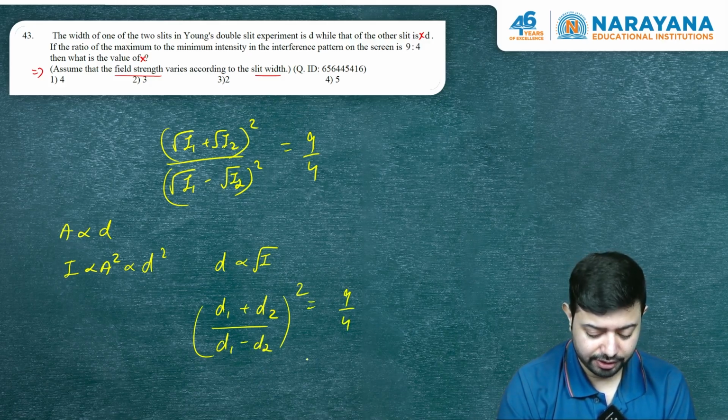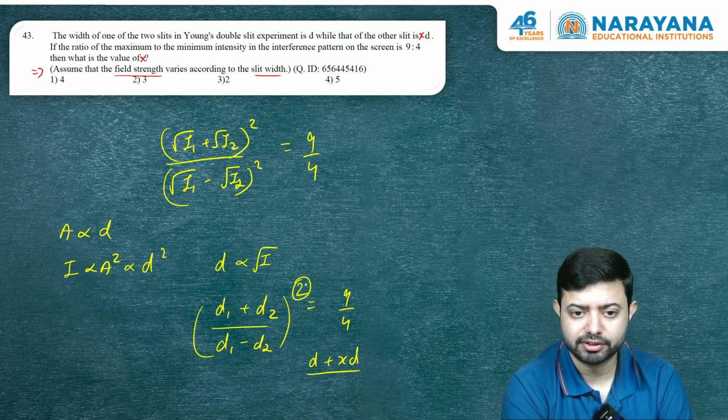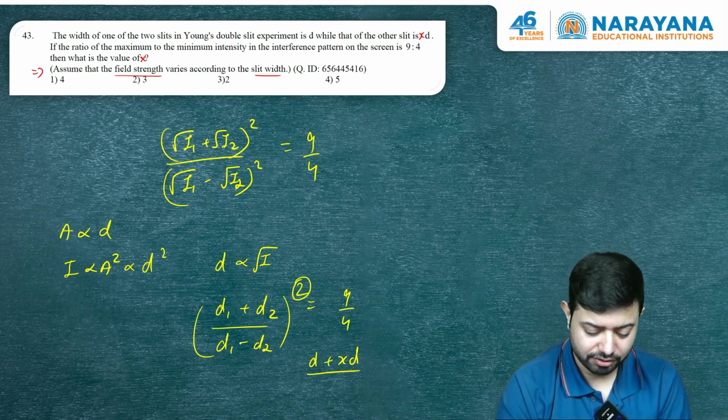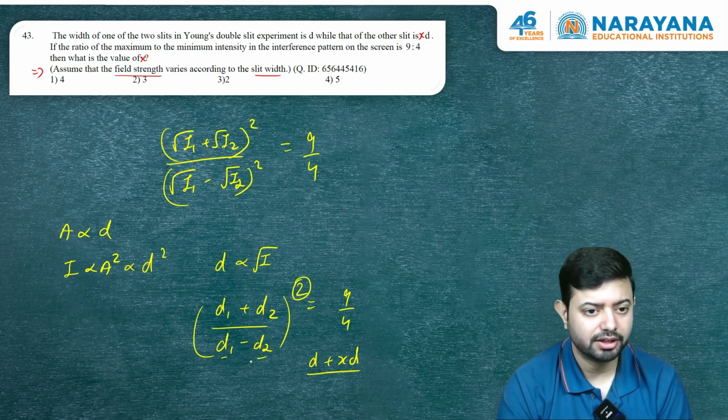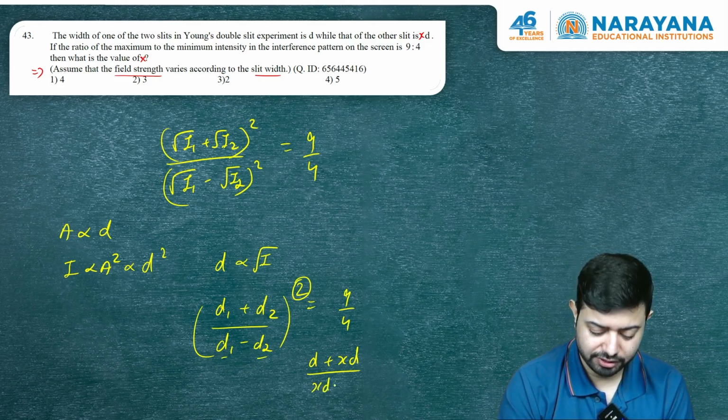So, this will be d plus xd, divided by, since it is a square, you should consider it as positive after squaring it. So, better to write positively: instead of d1 minus d2, you can write d2 minus d1 also. So, I will write xd minus d, and this will become 3/2.